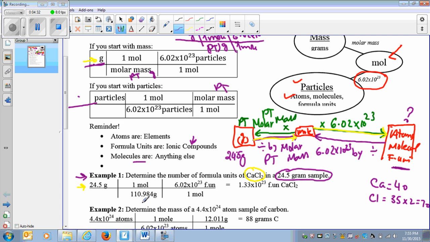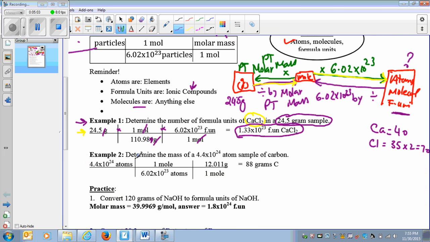So you add the two together, you have 110.98 grams. Since you have 1 mole here, now 1 mole comes here and is converted into formula units. So your grams get cancelled, moles get cancelled, and your answer will be in formula units. You multiply all the numbers across and divide by this. Make sure you have the answer in correct significant digits, and you have to move your decimal points.